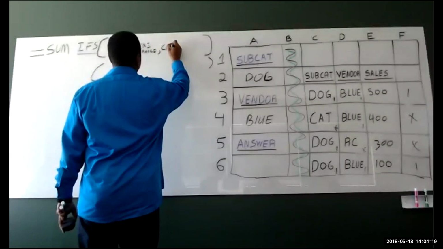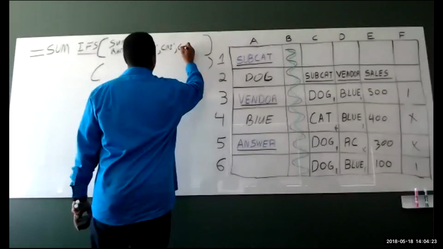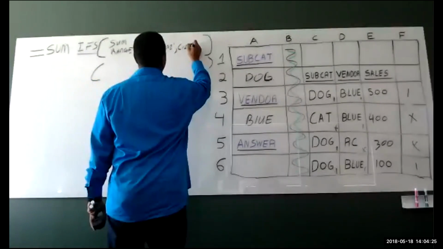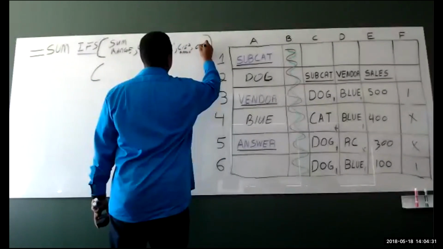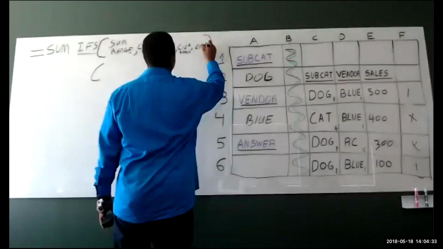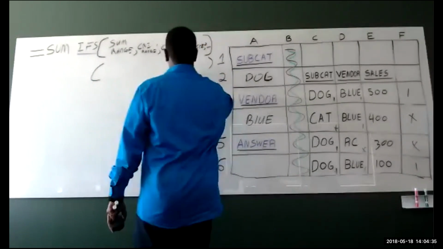Then the criteria. And then criteria range 2. And then the criteria 2, and so on and so forth.